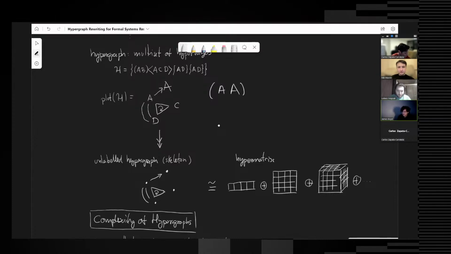It's conventional to take a simple hypergraph. Can you see what I drew? Yes, I can see that.